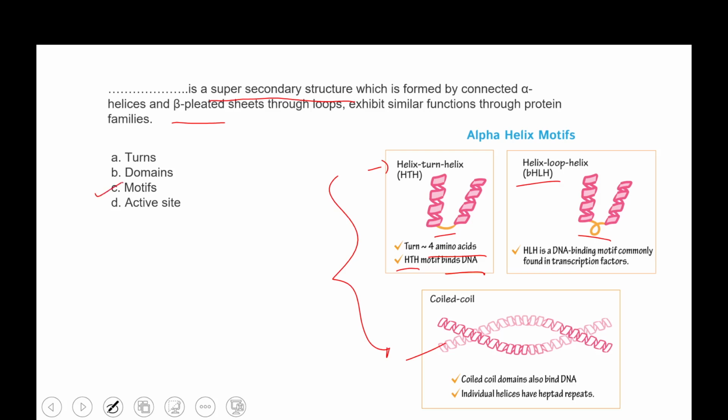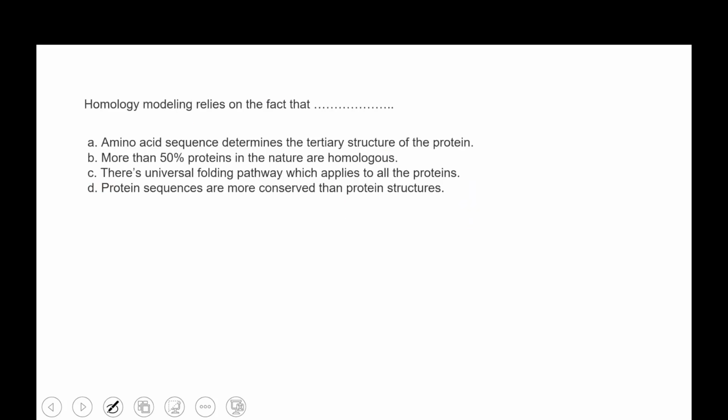Then we have this question: homology modeling relies on the fact that... What is homology modeling?